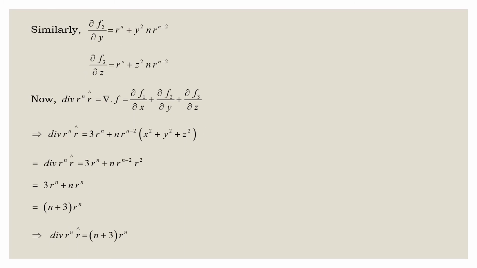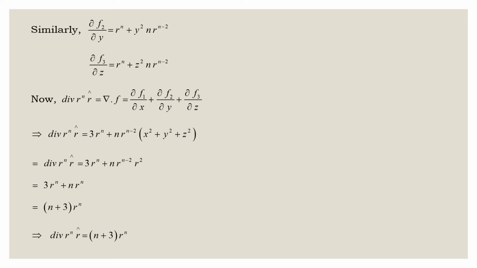∂f2/∂y equals ∂/∂y of y r^n. If we use the product formula of differentiation, ∂f2/∂y equals ∂/∂y of y r^n equals r^n plus y n r^(n-1) ∂r/∂y.